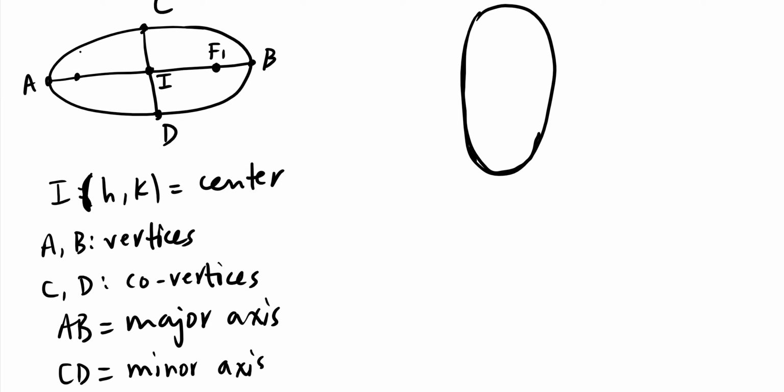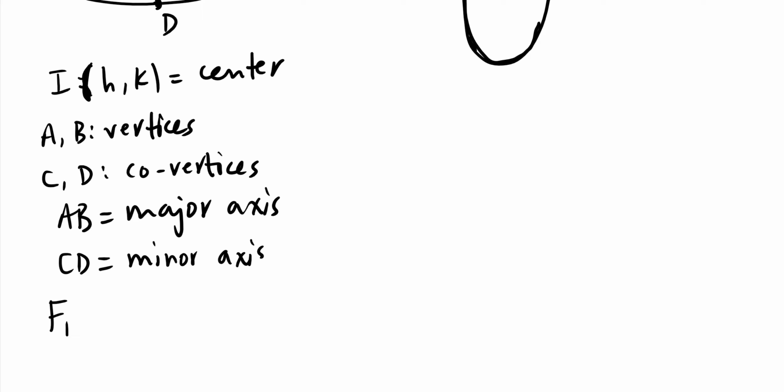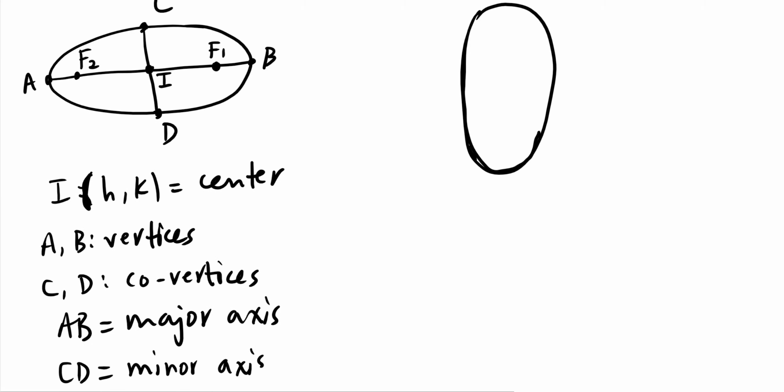Focus is singular. So F1 and F2 are called foci. Now on the major axis, I is the midpoint. So AB has a length of 2a and CD has a length of 2b. This means IB is a and IA is a.